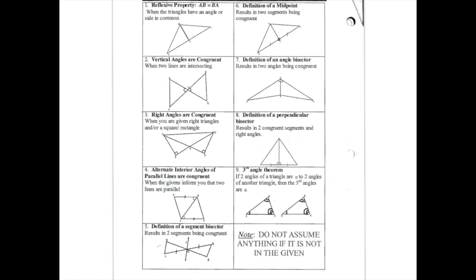This is one of the many parallel line pairs that we were just dealing with. And yes, alternate interior angles are one of them, but so are alternate exterior and corresponding. Those are also congruent, so you can also use those.